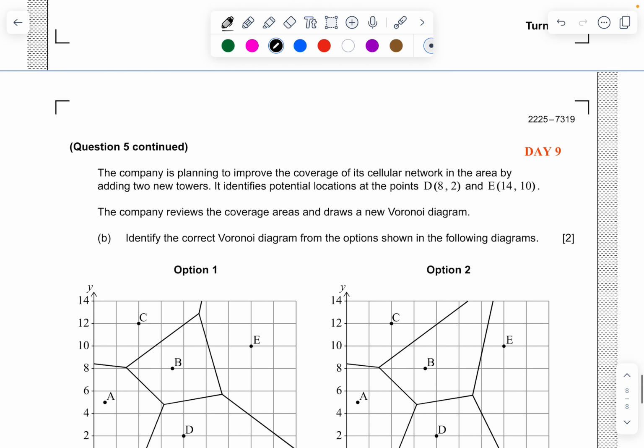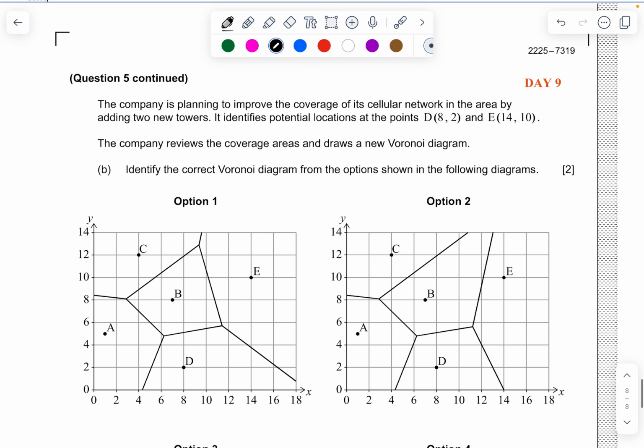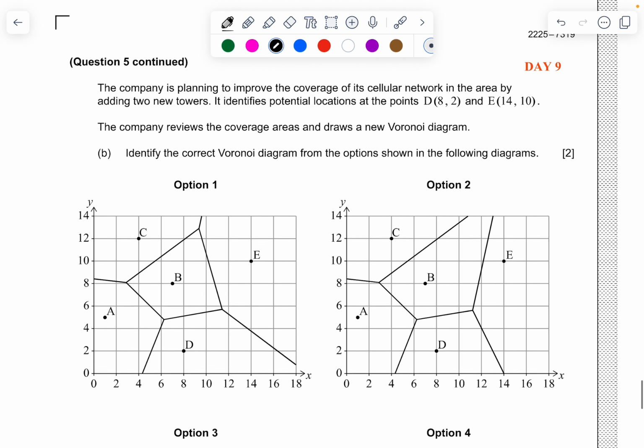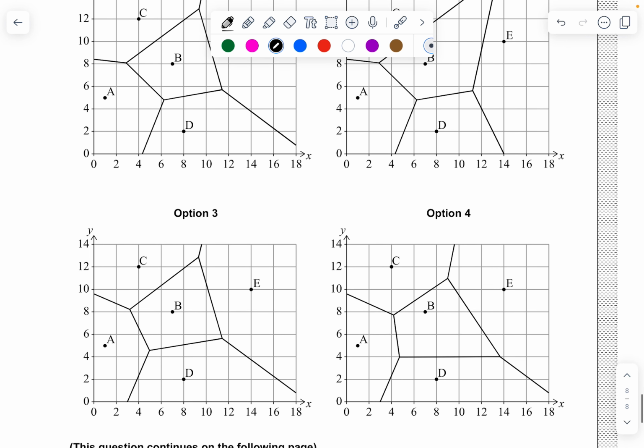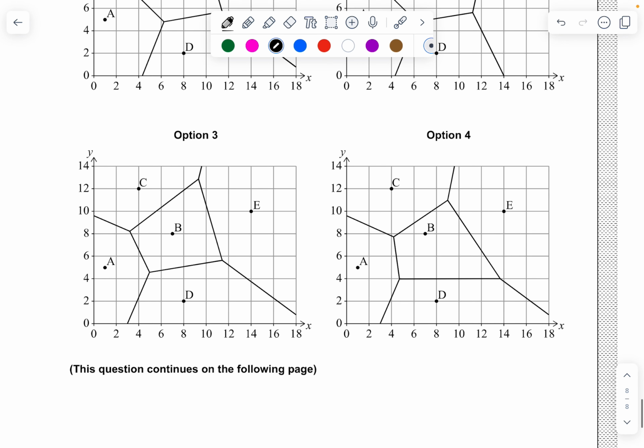Next, part B. The company is planning to improve the coverage of the cellular network in the area, adding 2 new towers. It identifies potential locations as D and E. The company reviews the coverage areas and draws the Voronoi diagram. Identify the Voronoi diagram from the options shown in the following diagrams.